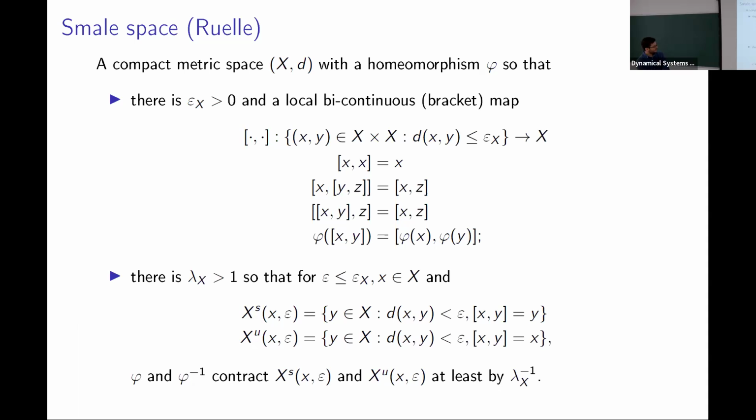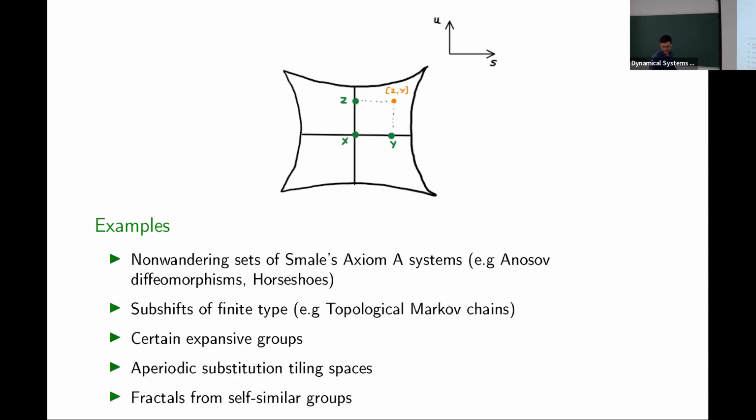And if you apply the dynamics phi and phi inverse on the stable and the unstable respectively, both will contract. Now, if you apply phi inverse to the unstable and it contracts, it means that if you apply phi to the unstable, it will expand. Okay? And you want this contraction to be somehow uniform. Okay, right. So here's a picture. It helps a lot.